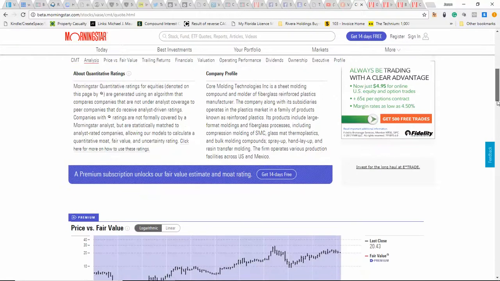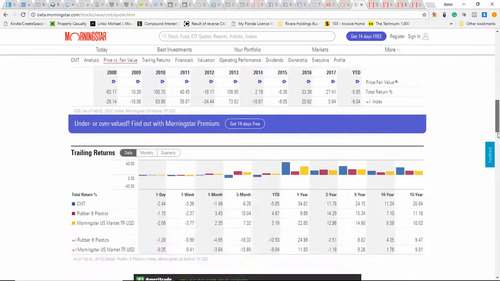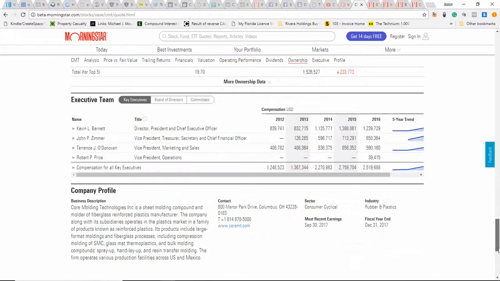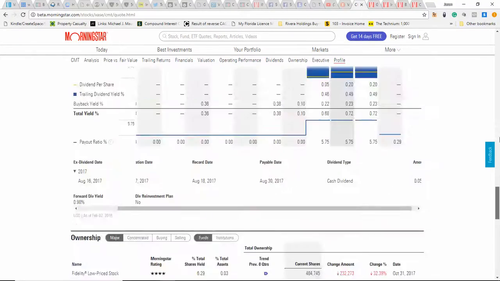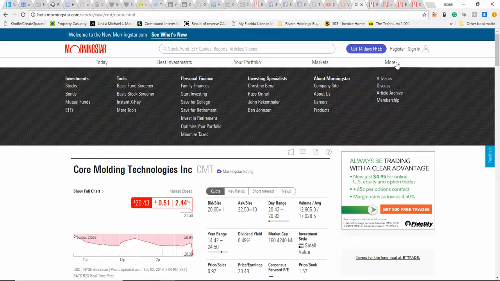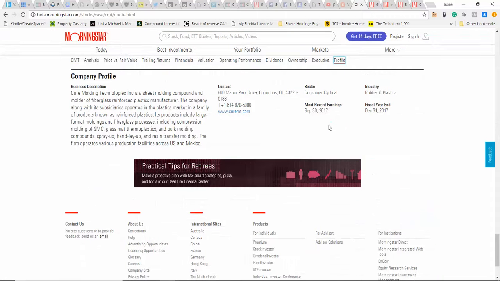Where are their filings? So instead of doing this, since Morningstar continues to make things difficult, let's see if it's in the profile.